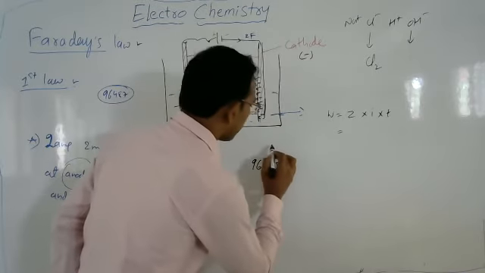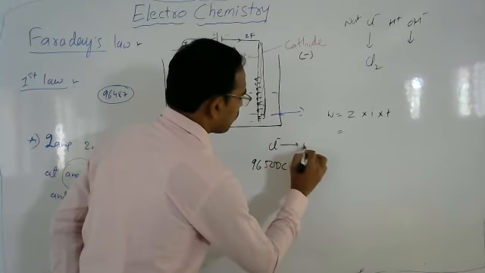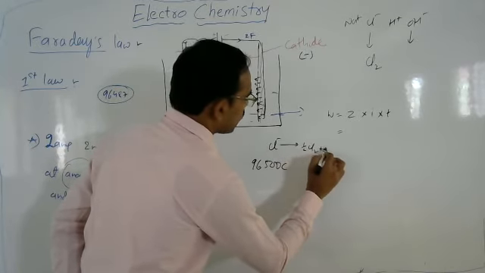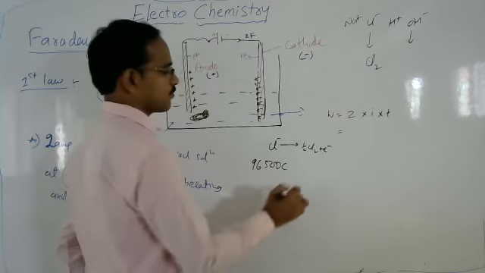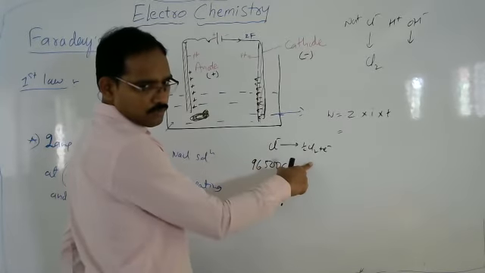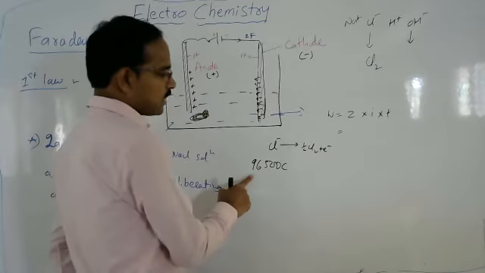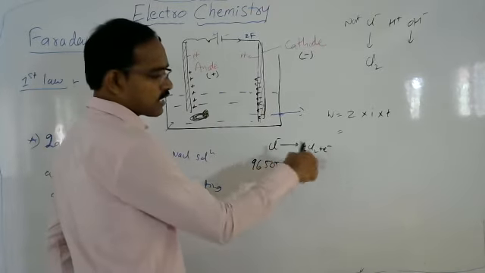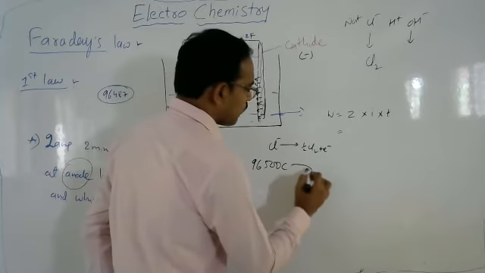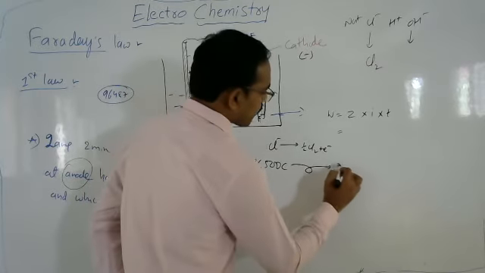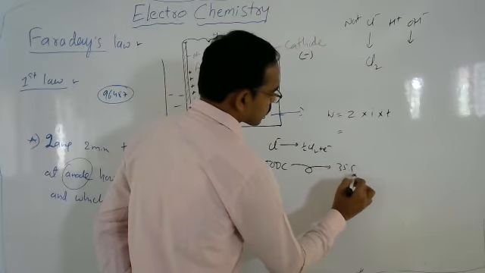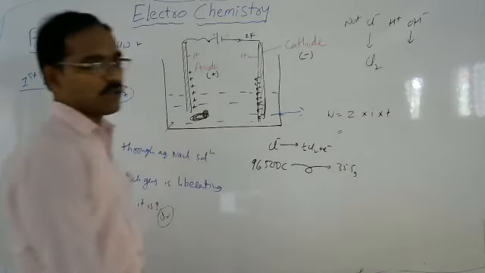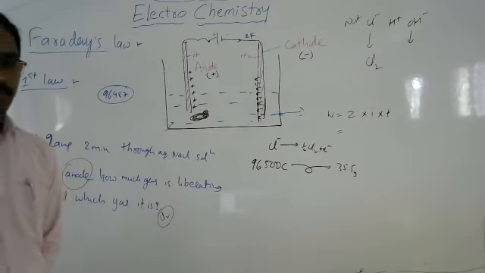See, Cl minus forms half Cl2 by losing one electron. 96,500 coulombs means what? 1 mole of electrons. When 1 mole of electrons is exchanged, how much chlorine will get deposited? 35.5 grams. Is it clear?